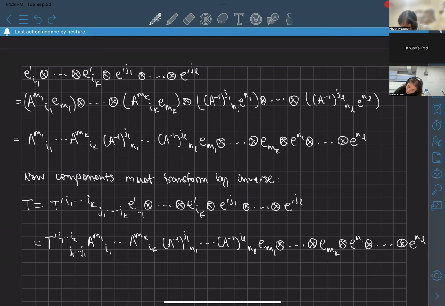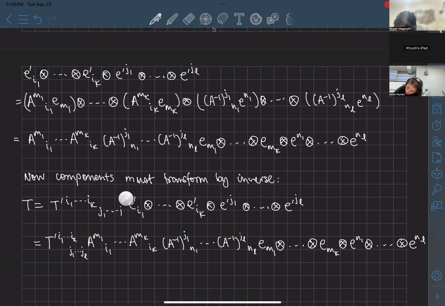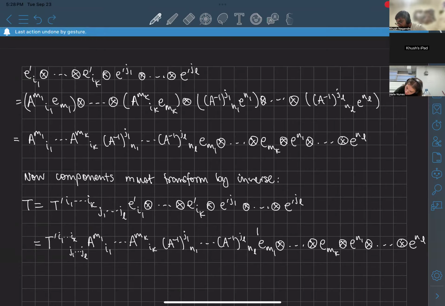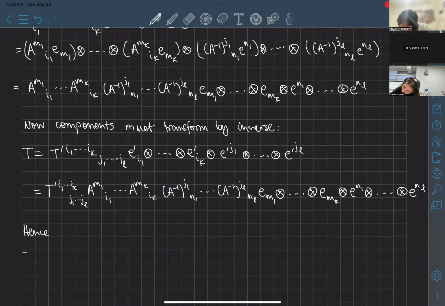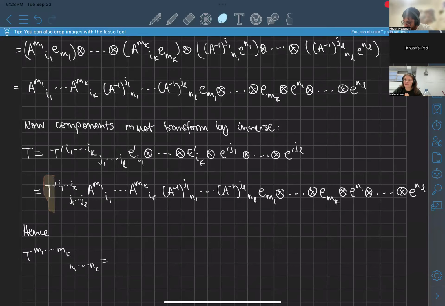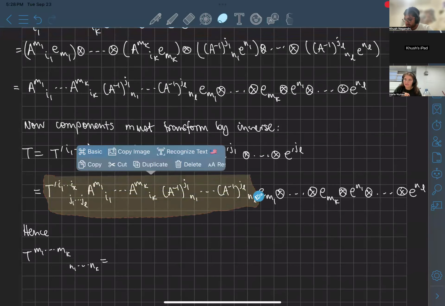This should be jl, I'm not sure how that became a jk. But again, this thing forms a basis, so the components are unique. Hence, the component T^{m1...mk}_{n1...nl} must equal this monstrosity over here.